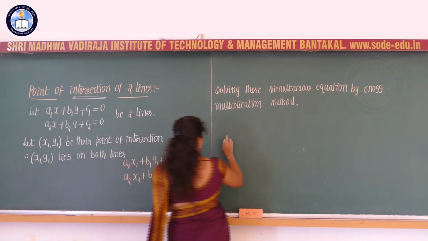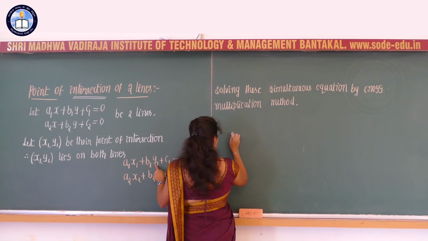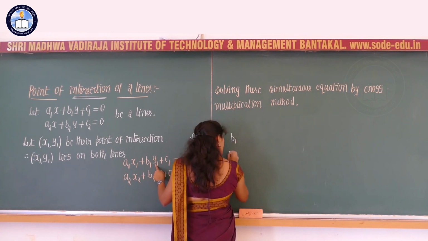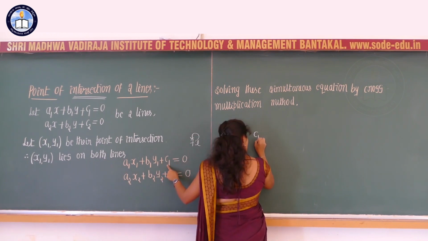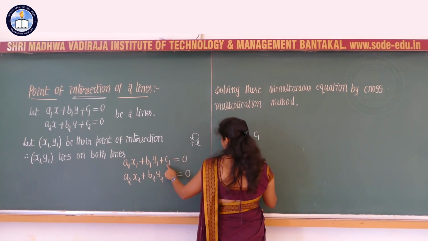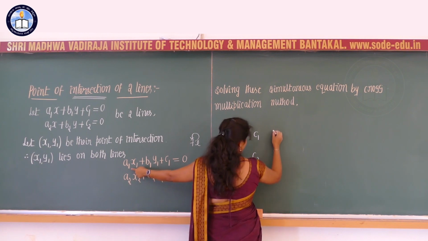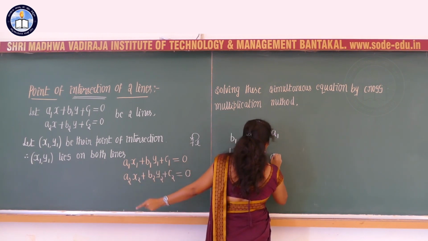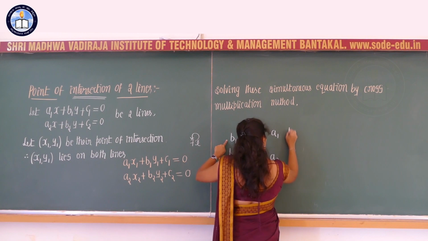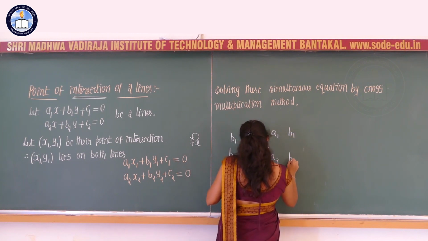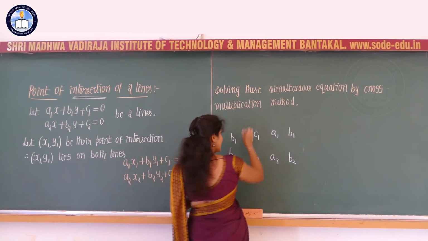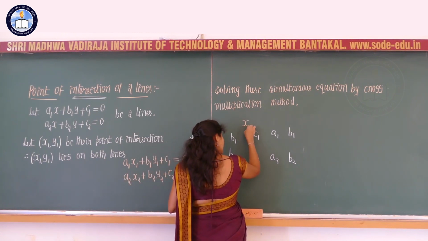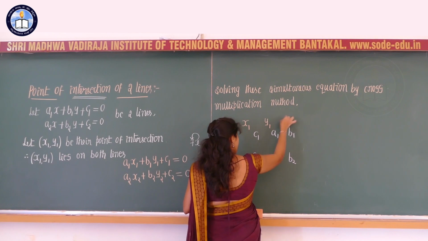So initially I will write the coefficients of y, they are nothing but b1 and b2. After that I am writing the constants c1 and c2. Next write the coefficients of x, they are a1, a2, and again the first one, that is nothing but the coefficients of y, b1, b2, and here I will consider x1, y1, 1.